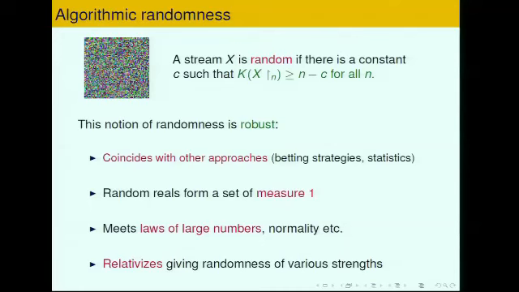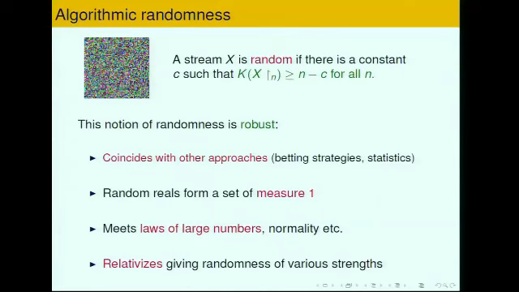So this notion of randomness is very robust. It's not just a notion, it's a framework. It's a framework because you can relativize it to oracles, you can modify some technical properties of the complexity or the machines, and basically you get a whole spectrum of randomness notions at various levels, and they're very robust.